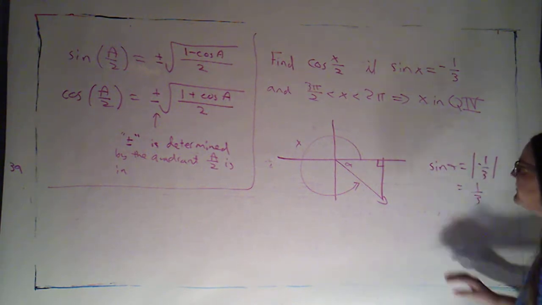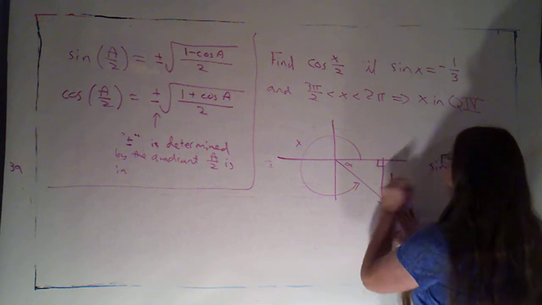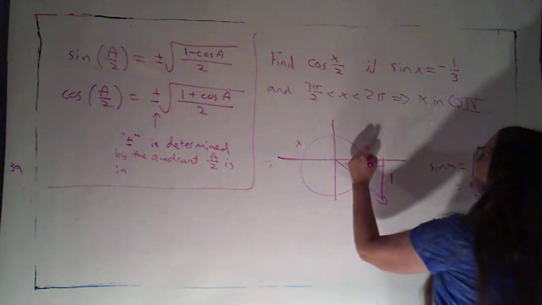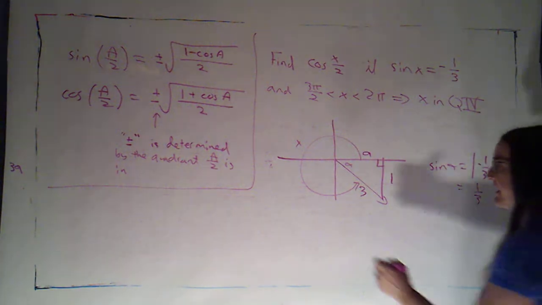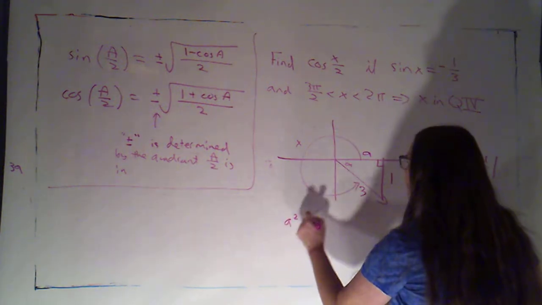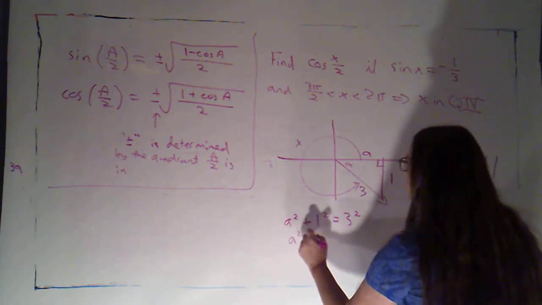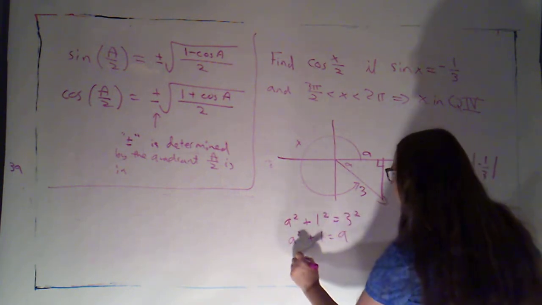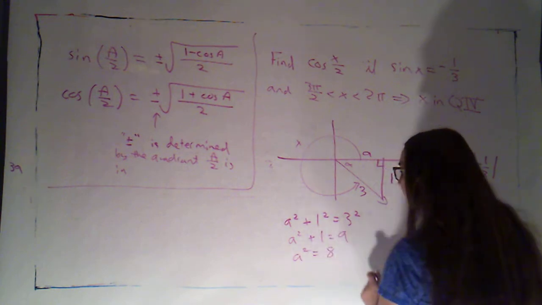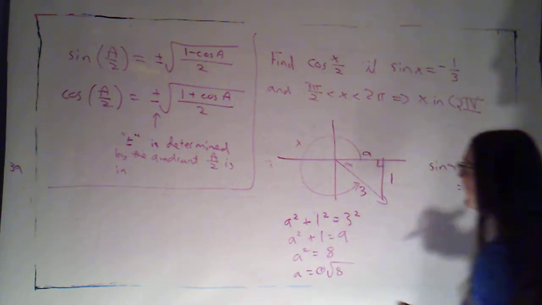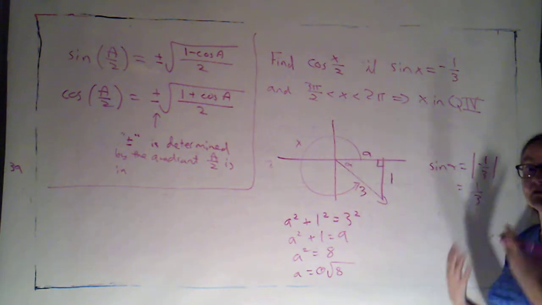If sine of alpha is 1/3, that means the opposite side is 1 and the hypotenuse is 3, so I can solve for the adjacent side. a squared plus 1 squared equals 3 squared, a squared plus 1 equals 9, a squared equals 8, and a is the positive square root of 8, because I'm solving for side lengths.